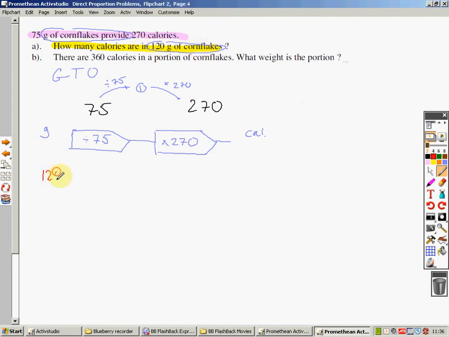So 120 goes in, I need to divide by the 75, and then in a minute I will times by the 270. Let's do that now. 120 divided by 75 equals 1.6, times that by 270, and we get 432 calories.